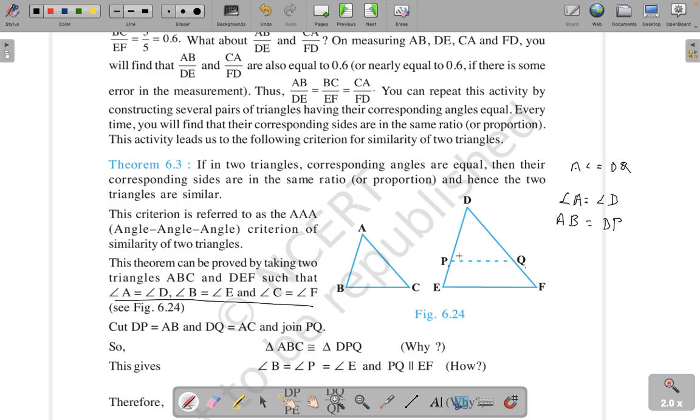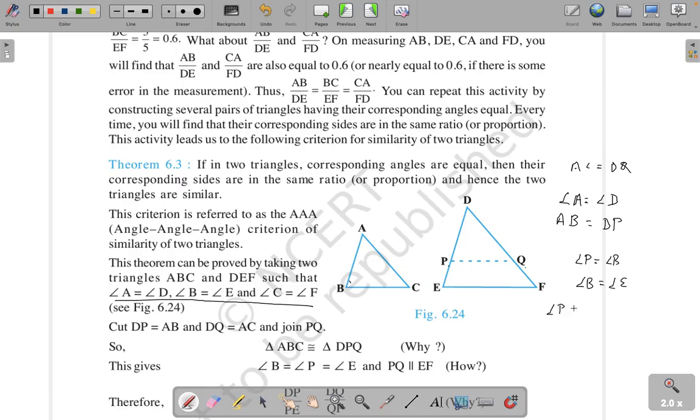This is one thing. So this means angle P is equal to angle B. But we know that angle B is equal to angle E. This and this are equal. So what can we say from this?